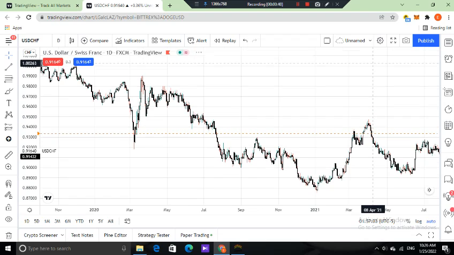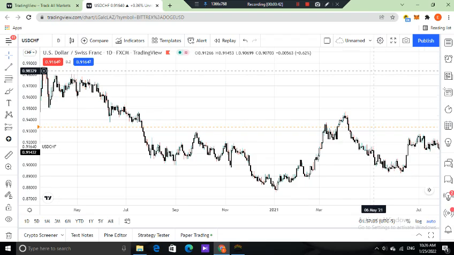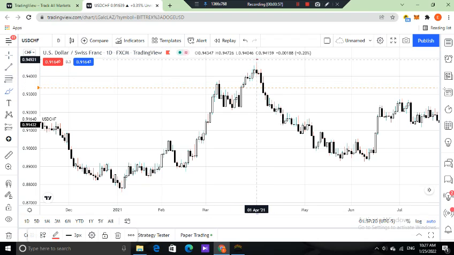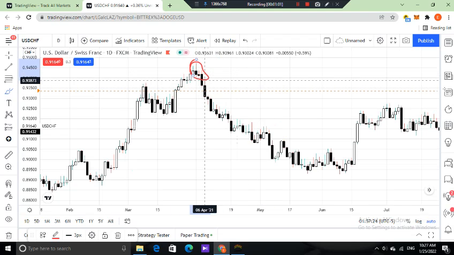Generally, if it's a bear trend and you want to take a short position, you can put your stop loss above the signal bar, because first you see a signal bar and you enter at the entry bar.